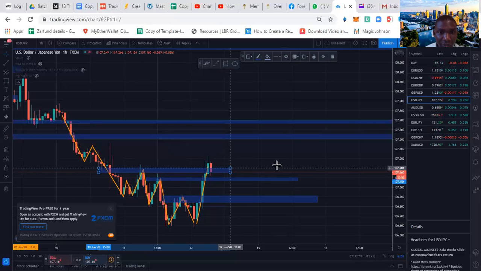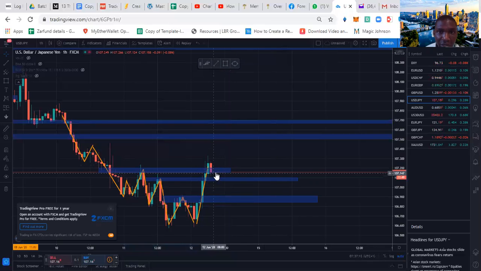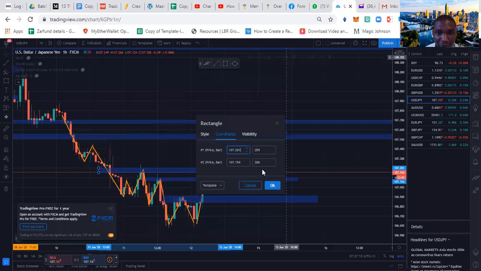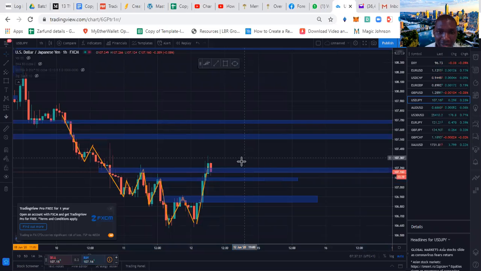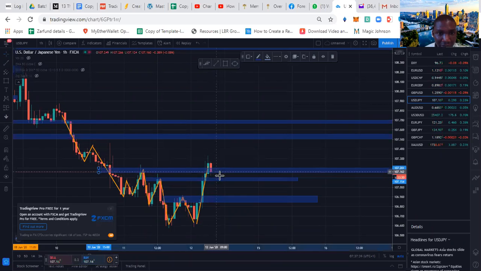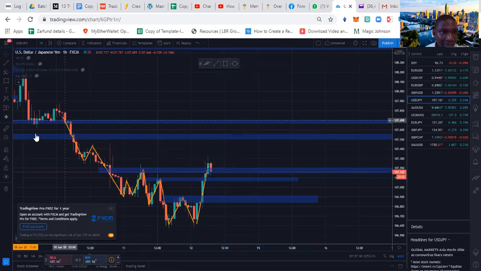So right now, USD JPY is already, the pullback is already setting up for a buy now. From here right now is a buy.